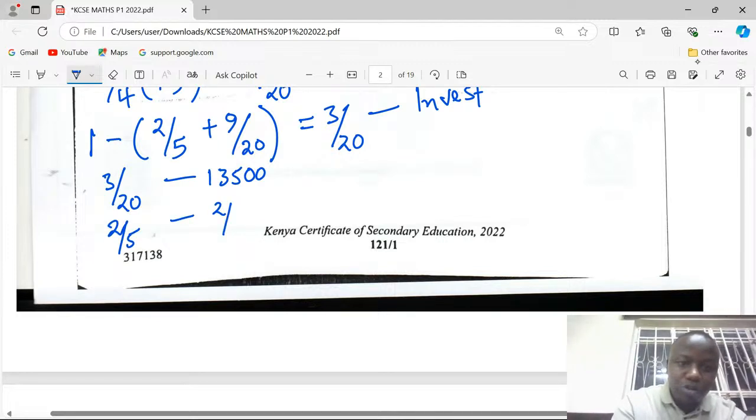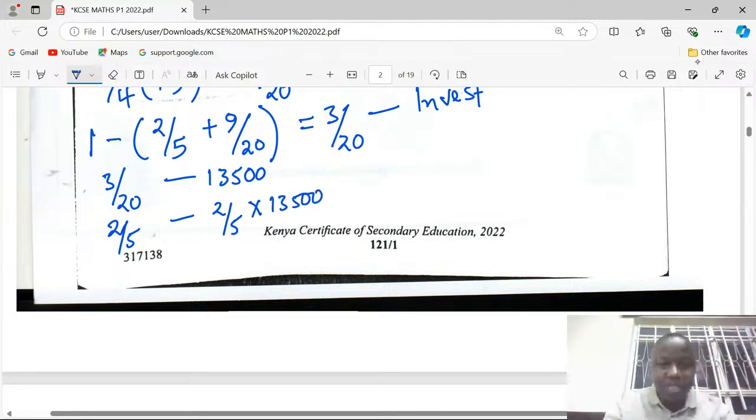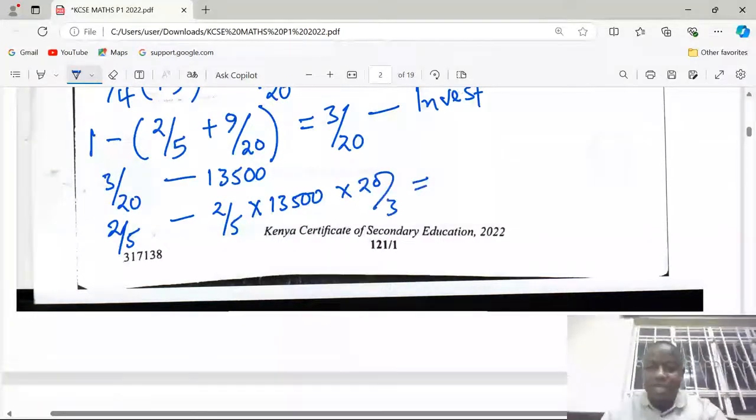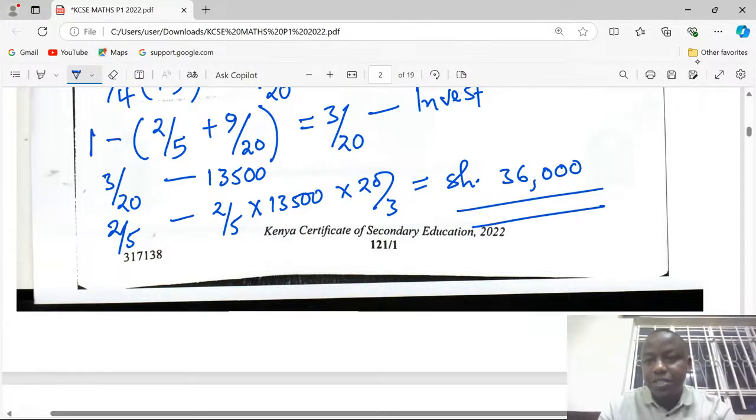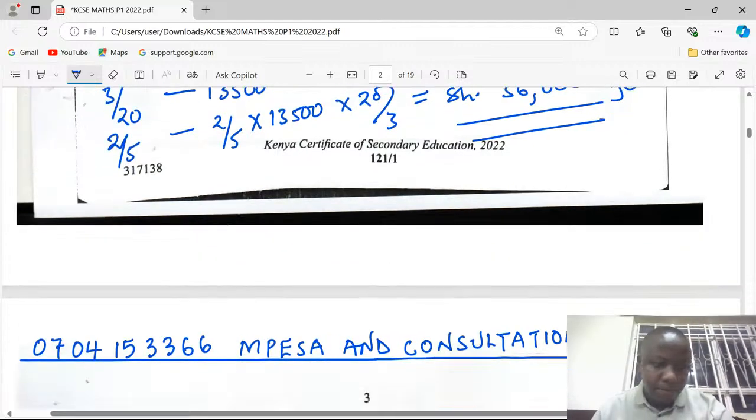This will be 2/5 times 13,500 divided by 3/20, which means times 20/3. This is going to give us exactly 36,000 Kenya shillings on school fees. So that is the amount which goes to school fees.